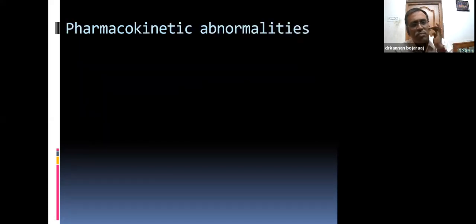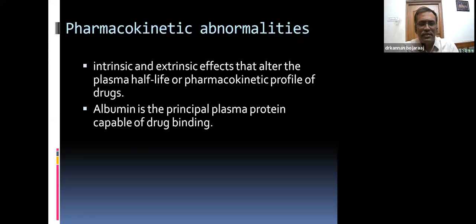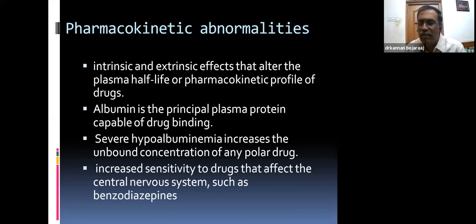And pharmacokinetic abnormalities are there in the liver. There are intrinsic and extrinsic effects that alter the plasma half-life or pharmacokinetic profile of the drugs. Albumin is the principal plasma protein capable of drug binding in the liver. When albumin levels are very low, the free fraction of the drug is enormously high, leading to increased duration of action and longer bioavailability, and the unbound concentration of the polar drug is very dangerous.